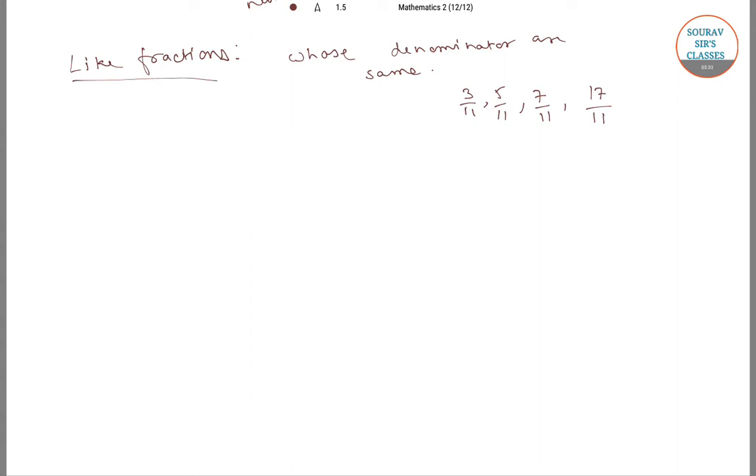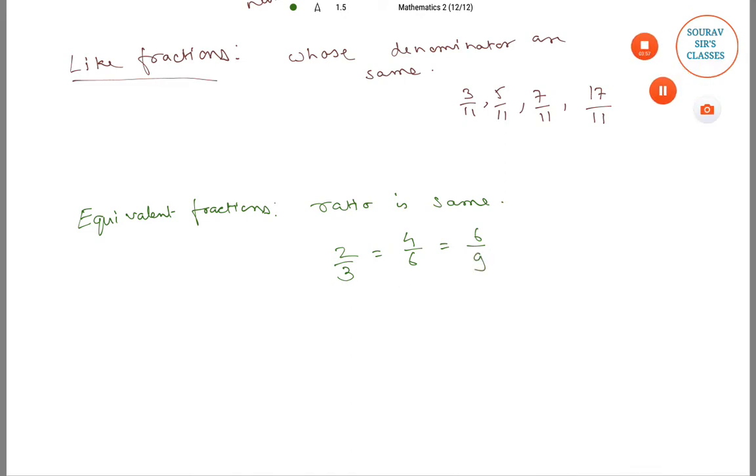Now, what is equivalent fraction? Equivalent fractions are those fractions whose values are the same, that is, the ratio is the same. For example, 2 by 3 is equal to 4 by 6 is equal to 6 by 9. So these are equivalent fractions.